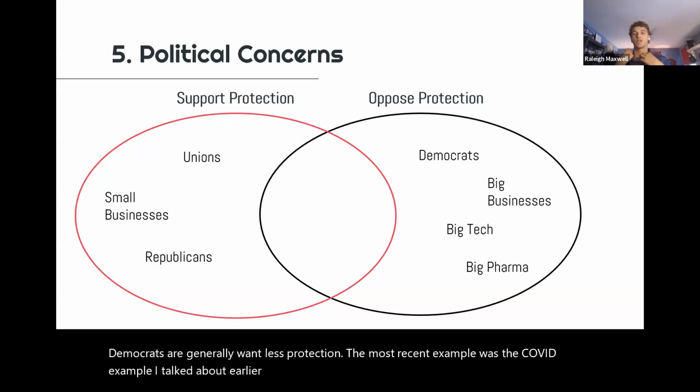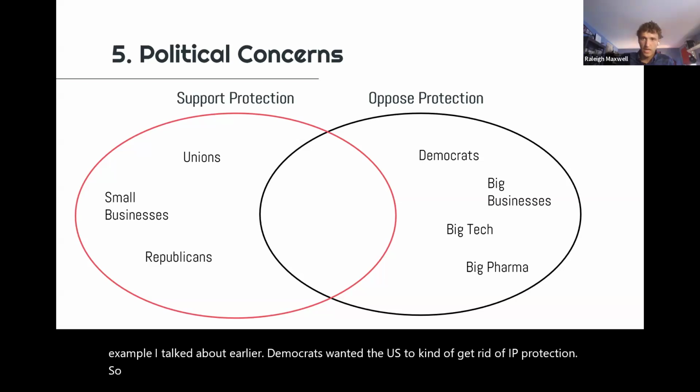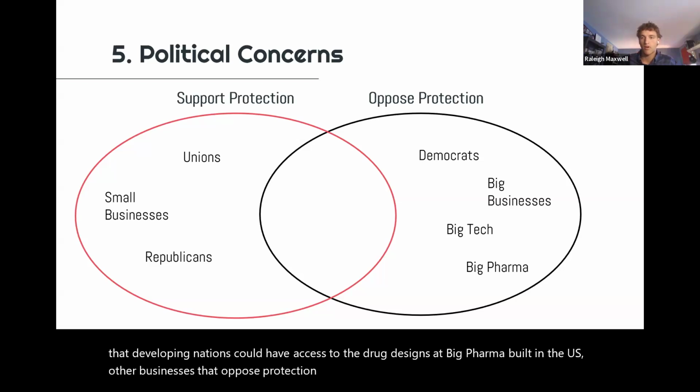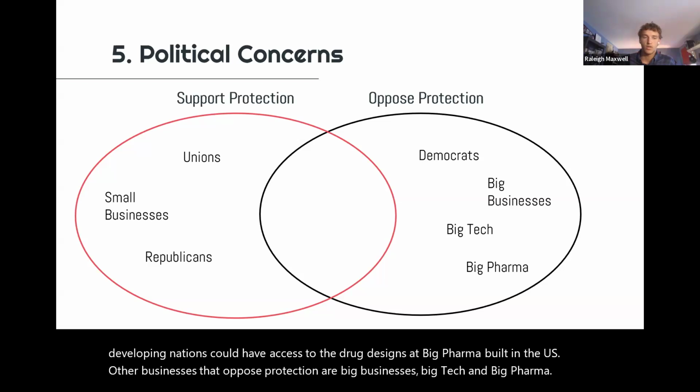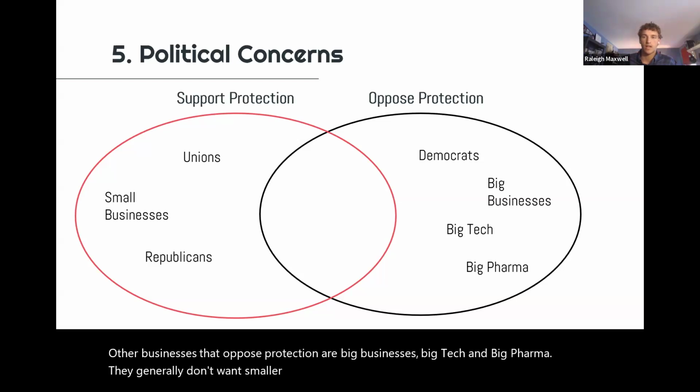Democrats wanted the US to get rid of IP protection so that developing nations could have access to the drug designs that Big Pharma built in the US. Other businesses that oppose protection are big businesses, big tech, and big pharma. They generally don't want smaller companies to have more protection from them. They want to engulf them.